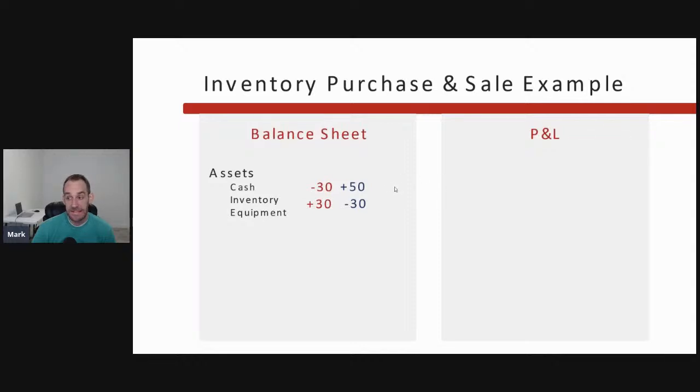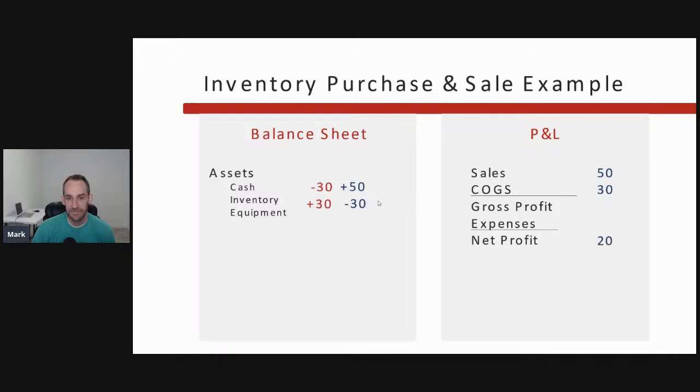And then when you sell it, you're collecting $50 of cash. So your cash is increasing by $50, and your inventory, which cost you $30, you're getting rid of now because you sold it. So you subtract out that same original cost of inventory. So where does the extra 20 go?